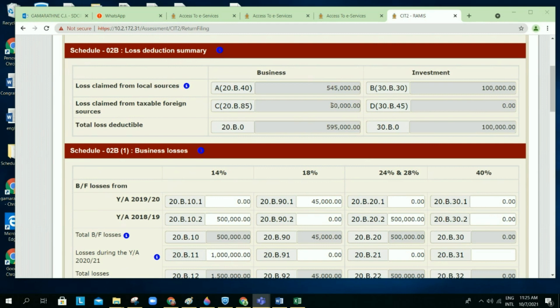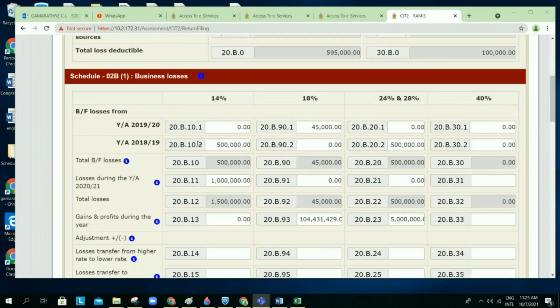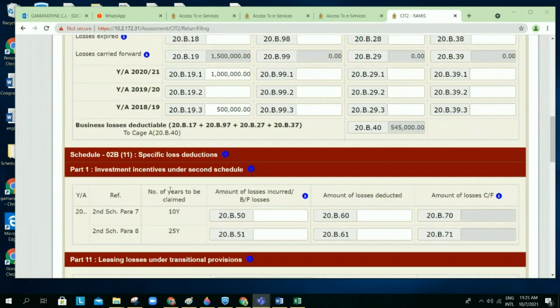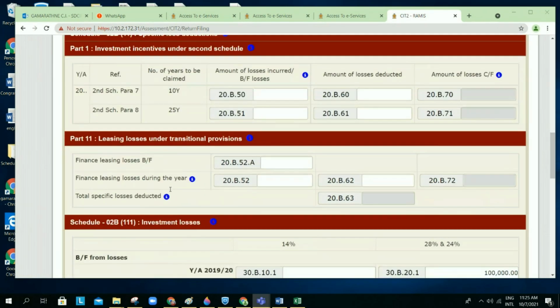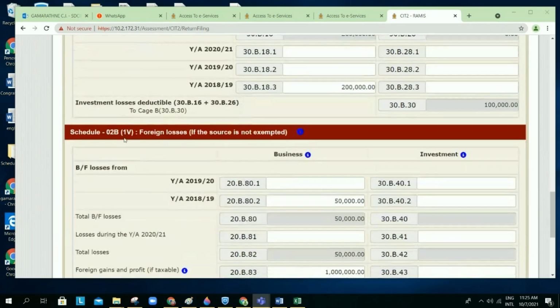For these cages, values are captured from the subschedules. There are 4 subschedules. We can see schedule 2B1 related to business losses, 2B2 specific loss deductions, 2B3 investment losses, and also 2B4 foreign losses.